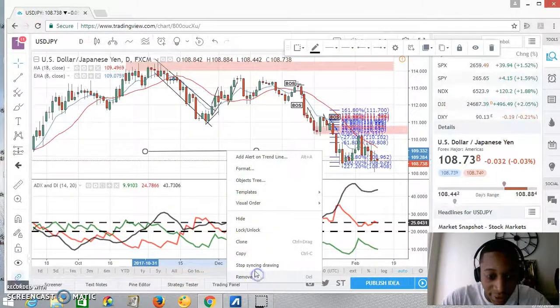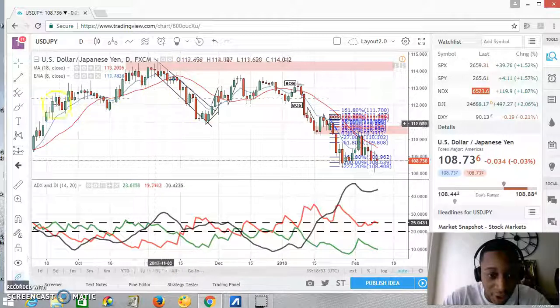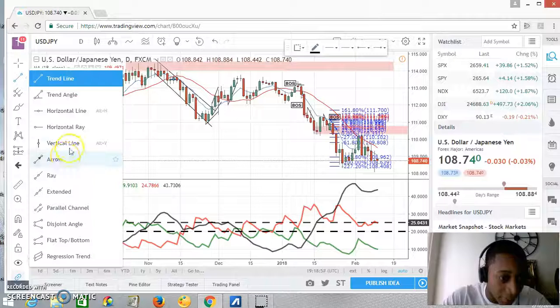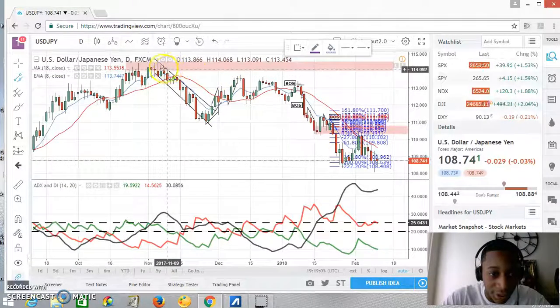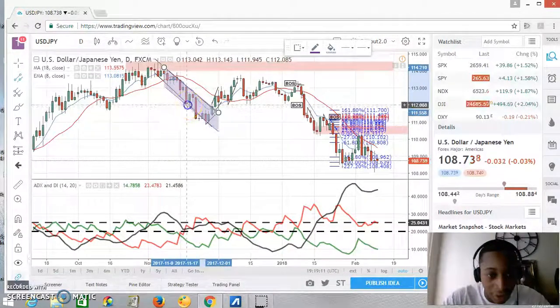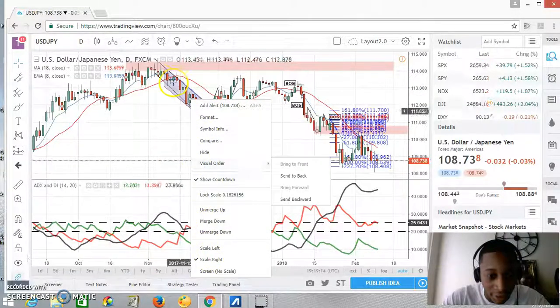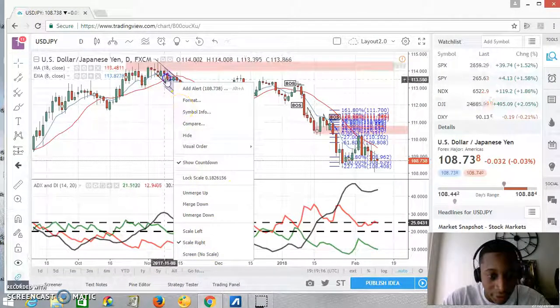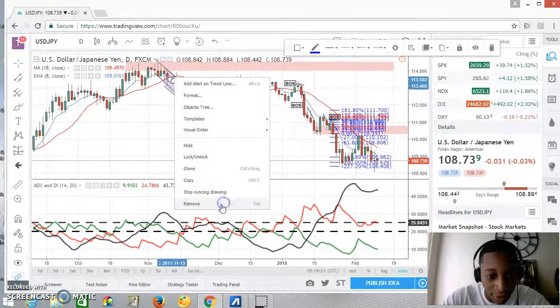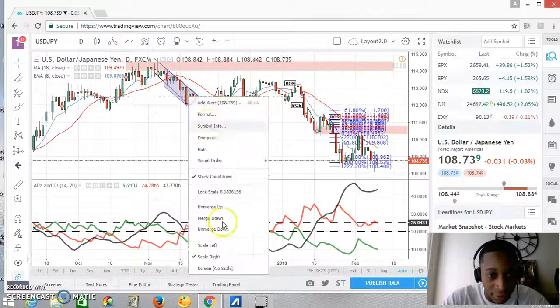Basic tools. I got some trend lines here. Also, I got the parallel channels. So instead of drawing a trend line, you can just go ahead and draw out your channels, etc. Then you can delete it, remove your channels.